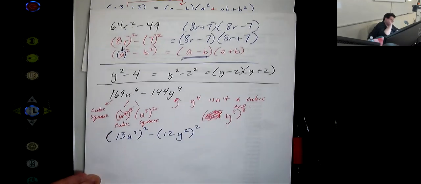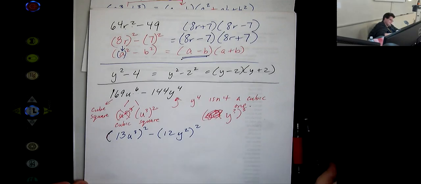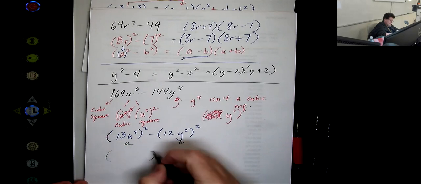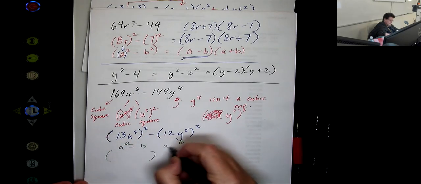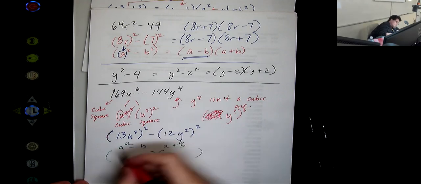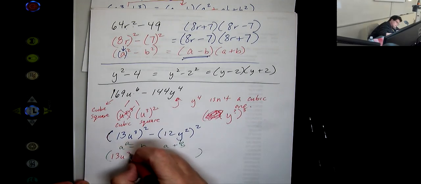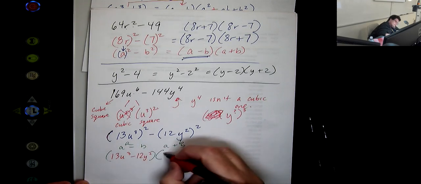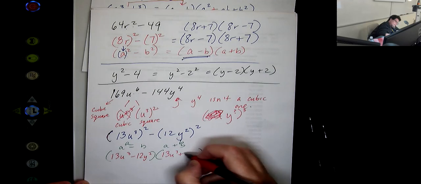And so this is my A and this is my B. So when I do A minus B and A plus B, I have 13u cubed minus 12y squared times 13u cubed plus 12y squared.